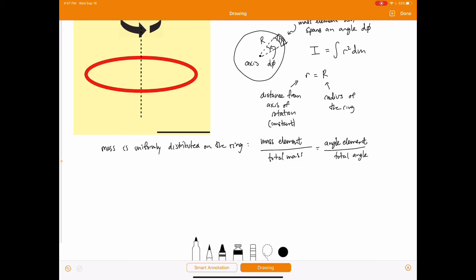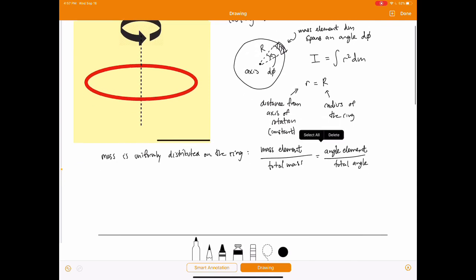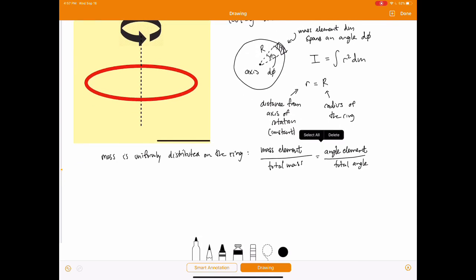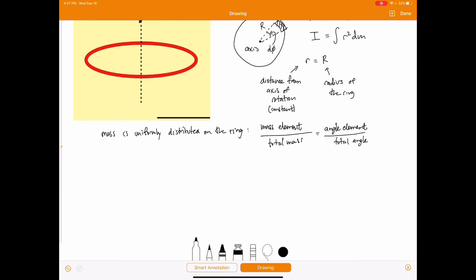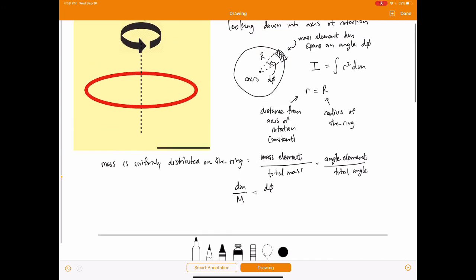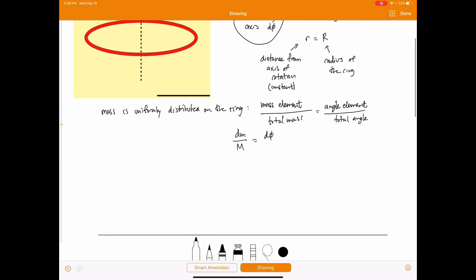So again, the idea here is, let's say my mass element takes up a quarter of the total angle, a quarter of the circle. Well, then it's going to take up a quarter of the mass, right? Whatever fraction of the angle it takes up, that same fraction of the mass. So we can put this in terms of variables as dm, that's my mass element, divided by big M, that's my total mass, equals d phi, that's my angle element, remember, divided by, what's the total angle? That would be 2 pi to go all the way around the circle.